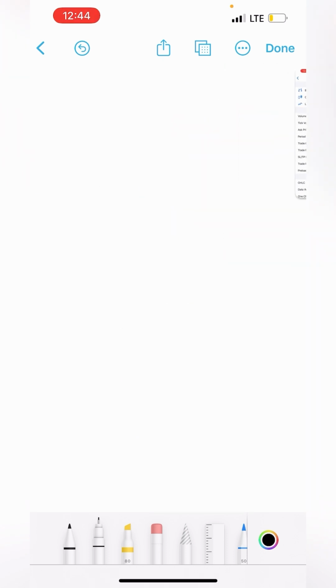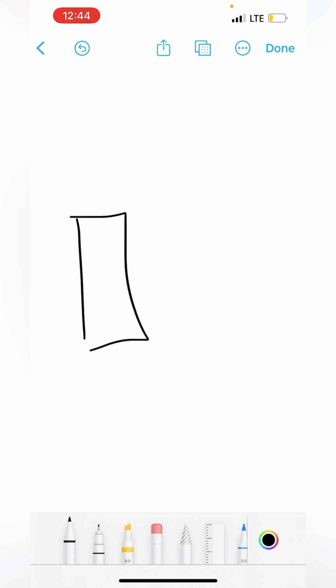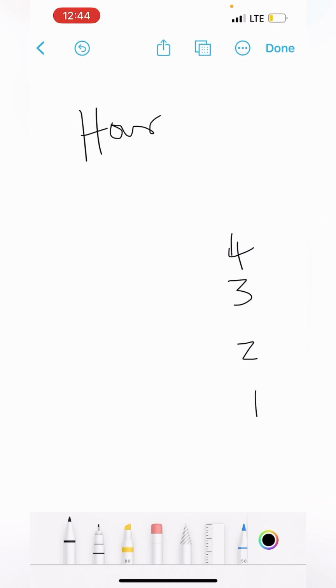Let's make an example for those who still have some difficulties in understanding this concept of what's happening over here. Let's say right now we have the open price. Let's just put the numbers and say 1, 2, 3, 4. Then we have hours. Let's say we have 1 hour, 2 hour, 3 hour, 4 hour, 5 hour.